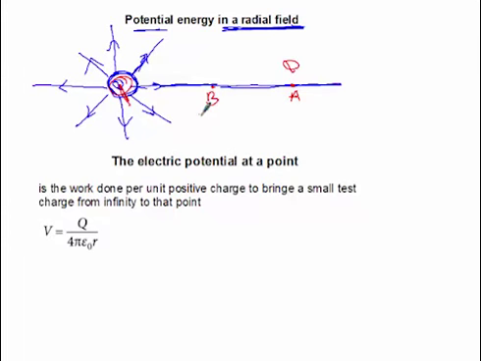So if this is the point that has a potential of Vb, and this is the point that has a potential of Va, this means that Vb is greater than Va. The closer we are to the charge that is causing the field, the greater the potential. Going farther from the charge, potential is less.